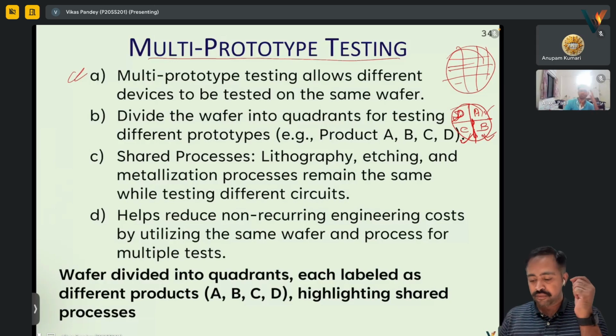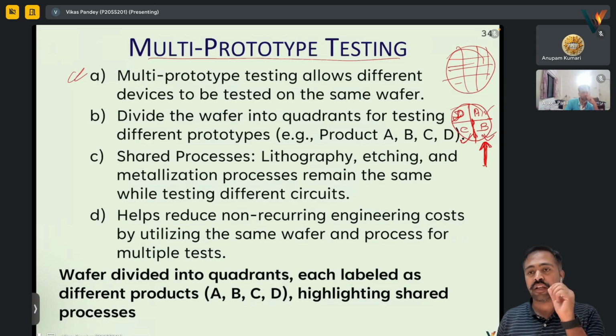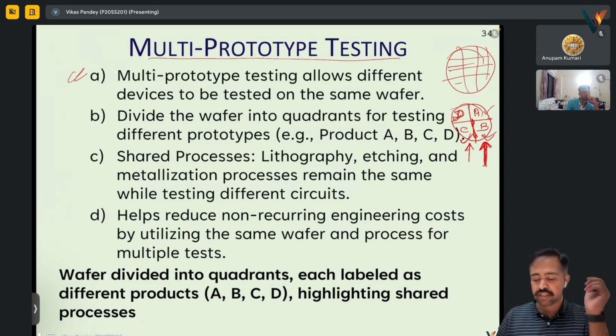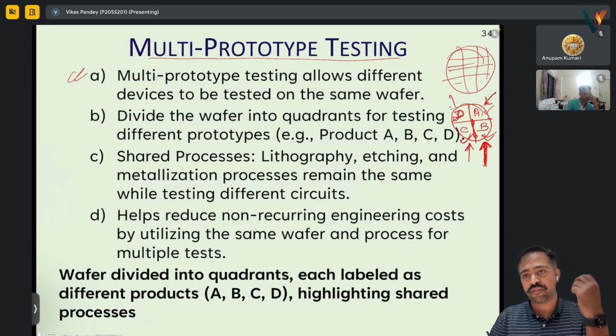Say B is the perfect one that should have worked if there was no variation. In C, I have done some positive variation, A some negative variation, D some more positive variation, in the dimensions or so.